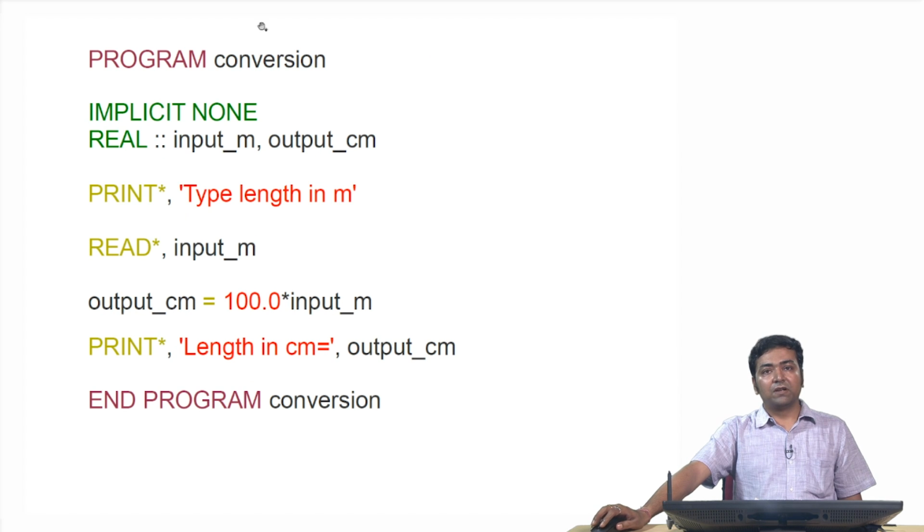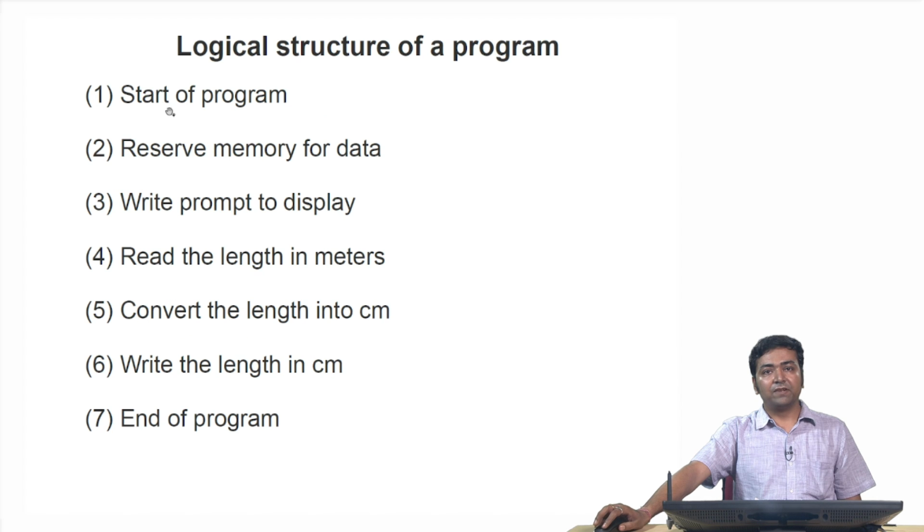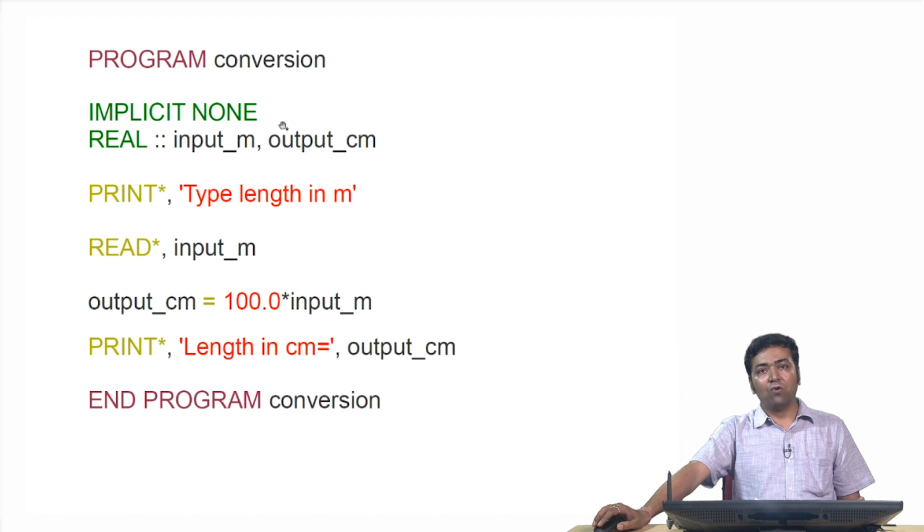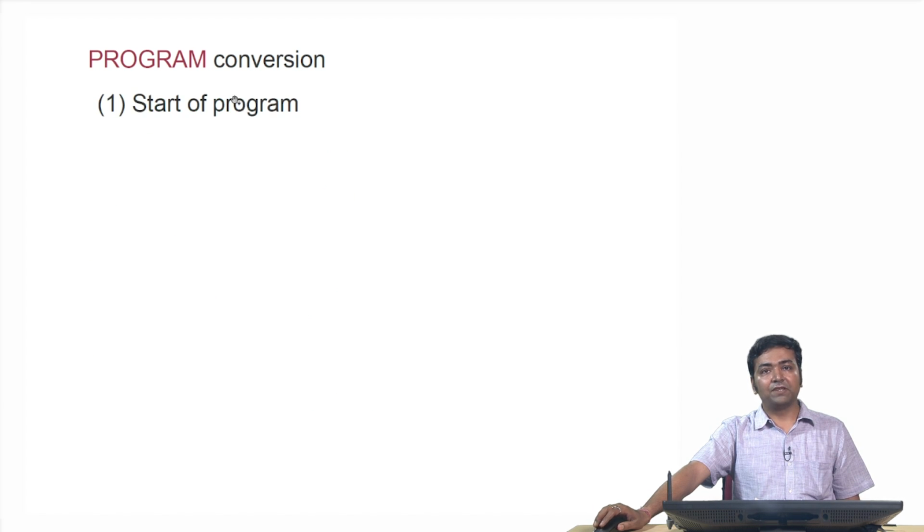Okay, so this is what a typical Fortran program will look like, which will perform the jobs which we have listed here, from 1 to 7. If we now go one line at a time through this Fortran file, the first line has a Fortran keyword called program.